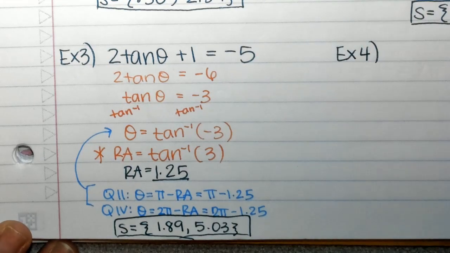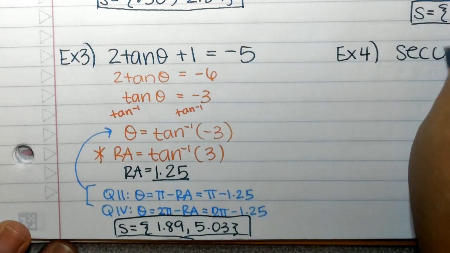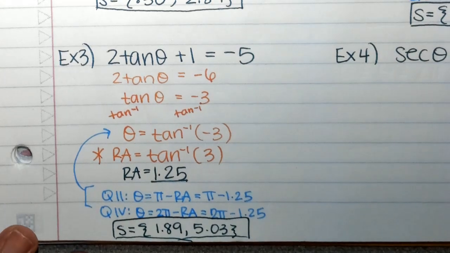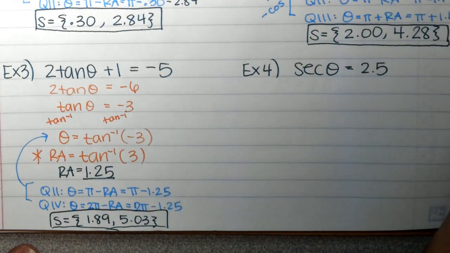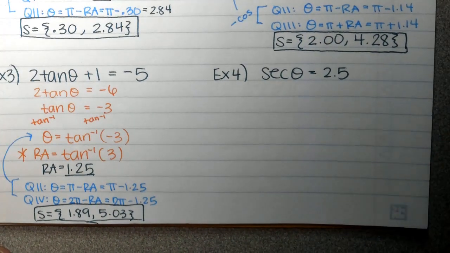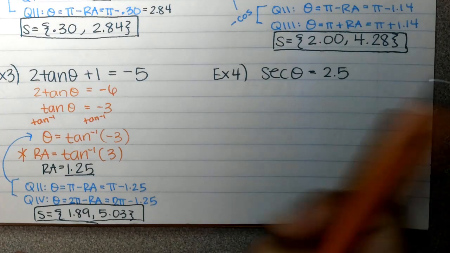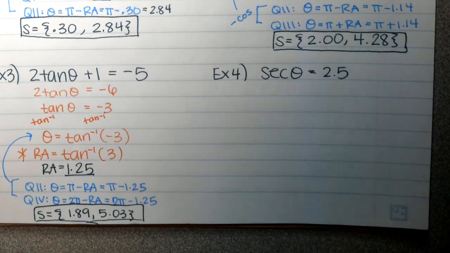Example 4. The secant of theta equals 2.5. What am I going to do? Please don't ever put a reciprocal in the calculator. You don't need to. What's the reciprocal of secant?